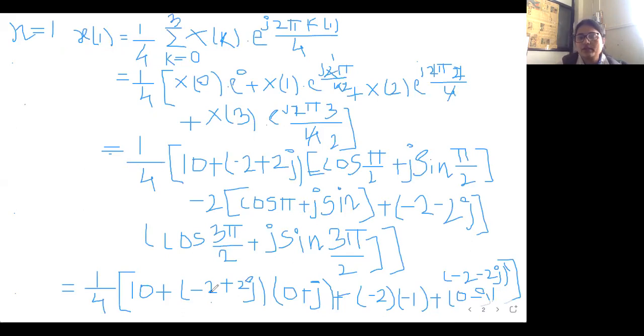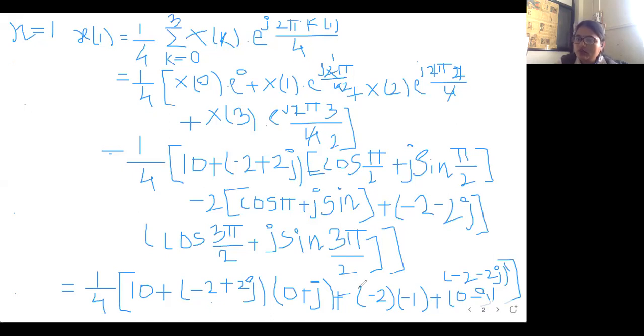So j multiplied by minus 2 will be minus 2j. Then 2 into j multiplied by j, this 2j multiplied by j, is 2j square.